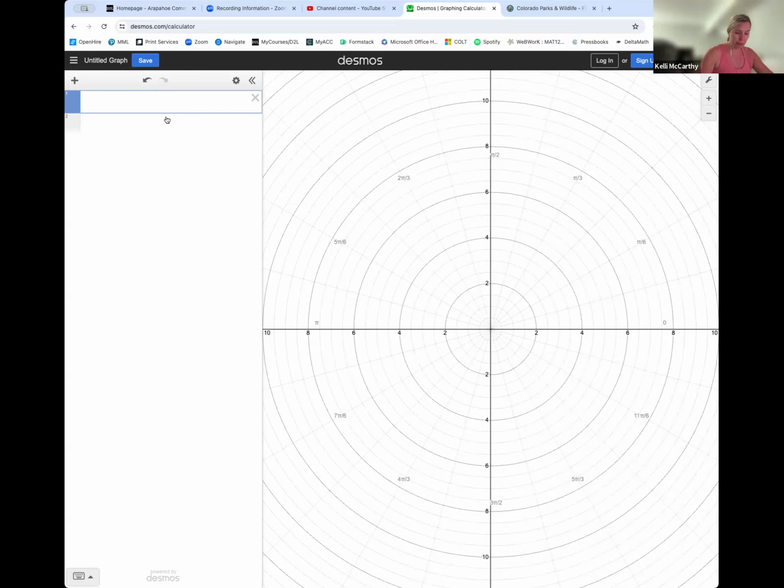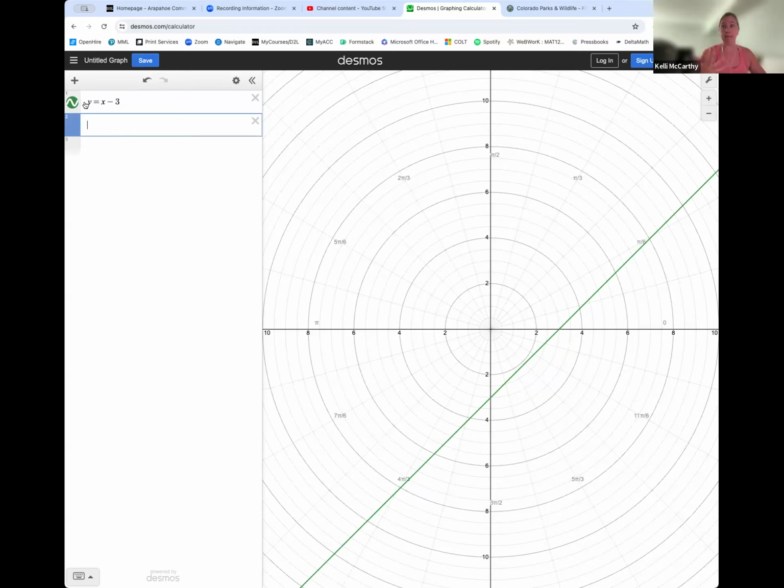But what we want to do is type in those two equations. So y equals x minus 3. So there's that graph, our y-intercept of negative 3 and x-intercept of 3 in terms of x and y, graphed on this polar grid. But now what I want to show is our new equation in that polar form.